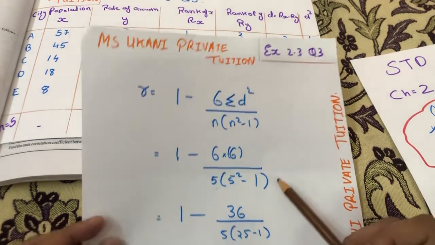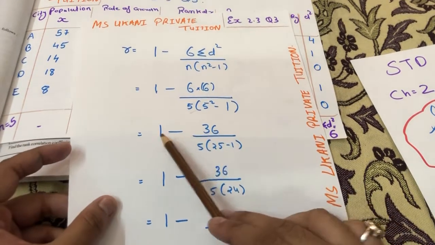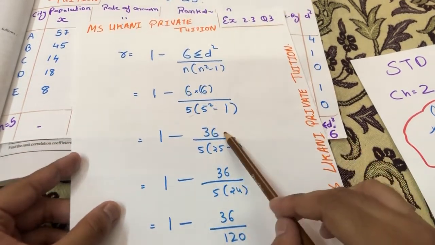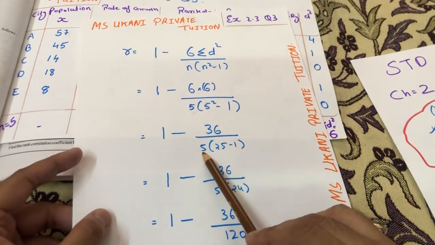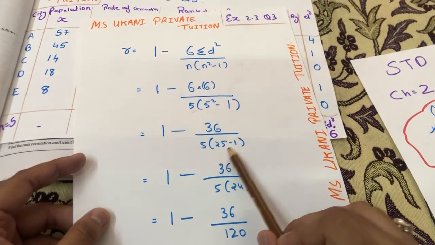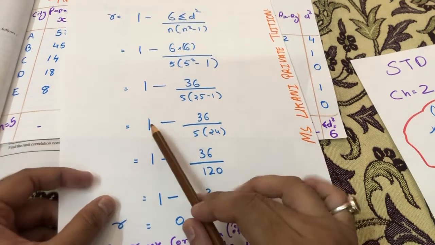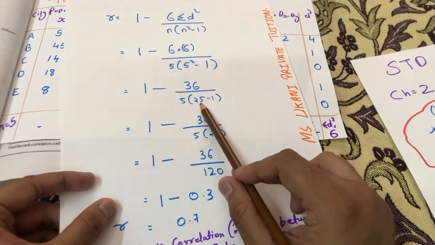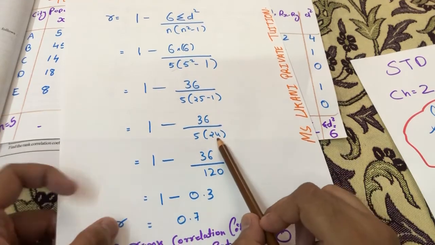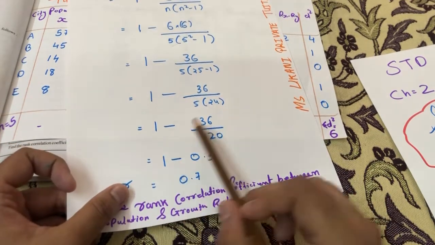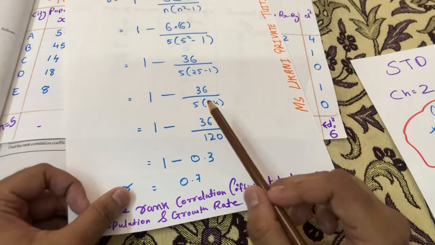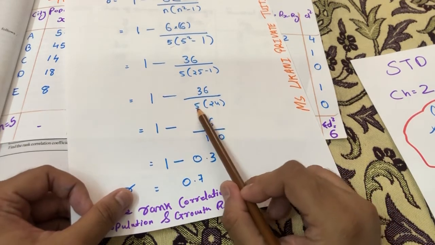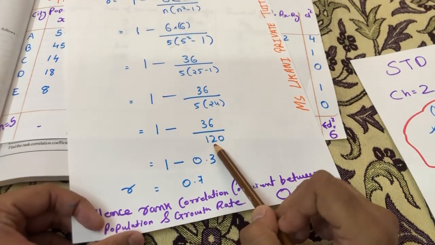Now let us move to the next step. 1 minus 6 sixes are 36. 5 will remain as it is. 5 square will be 25 minus 1. Next step: 1 minus 36 upon 5 will remain as it is, and 25 minus 1 will be 24. Next step: 1 minus 36, and in the denominator 24 multiplied by 5, our answer will be 120.